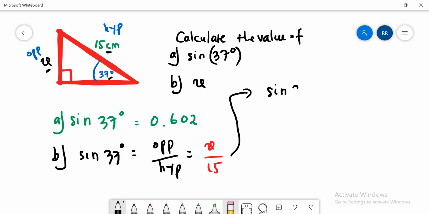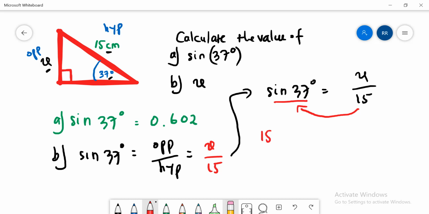So if sine 37 degree is equal to x over 15, it means that if I move this 15 this way, the sine 37 will be multiplied by 15 to result in x, right? So I'm going to write now 15 times sine of 37 degree. Again, be careful, it's not 15 times 37. This 37 is here, right? So you multiply with the value of sine 37, not just 37, and that will be equal to x.